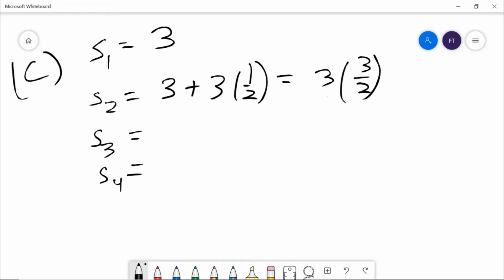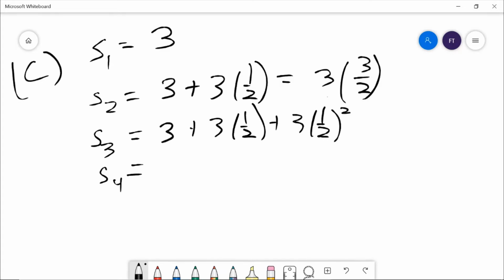For S3, this is 3 plus 3 times 1/2 plus 3 times 1/2 squared, the sum of the first three terms. And so this is equal to 3 times 7 over 4.